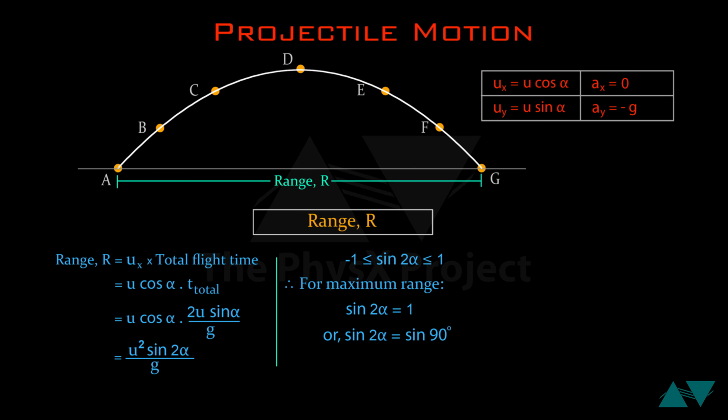So 2 alpha equals 90 degrees. Therefore, alpha equals 45 degrees. So if we keep the initial velocity constant and vary the angle with the horizontal, the projectile will travel the maximum range when it is thrown at an angle of 45 degrees with the horizontal. Therefore, maximum range equals u squared over g.